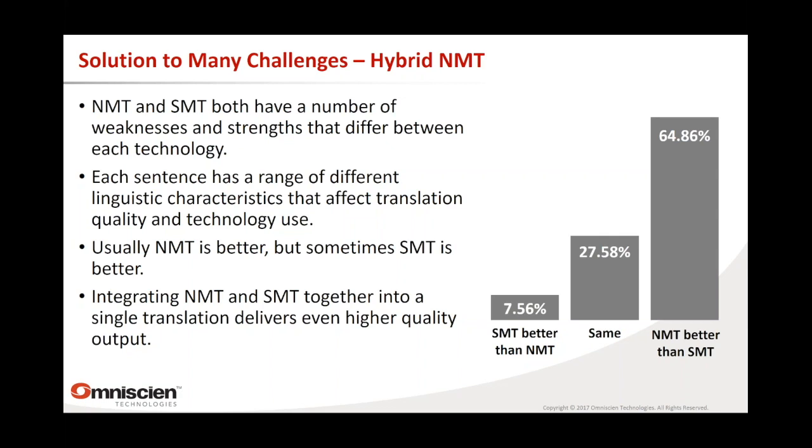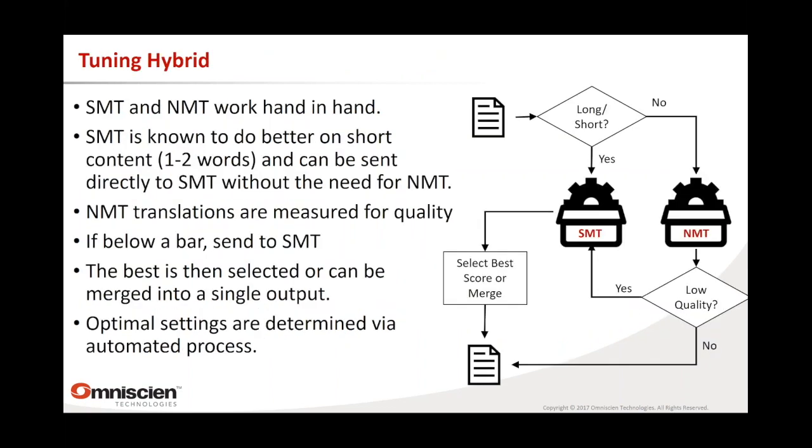So in this case, a large number of sentences were passed through in the patent domain going English to Japanese, and we found that about 65% were better using NMT, about 27 or 28% were roughly the same, and 7 or 8% SMT was better. So the challenge then is switching between them.